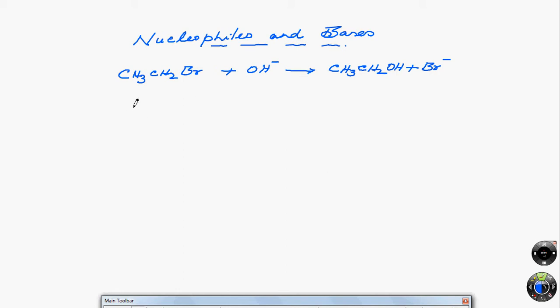We can represent this reaction something like this: CH3 CH2 Br, OH minus. You know, OH has got a negative sign because of the electron pairs on oxygen.